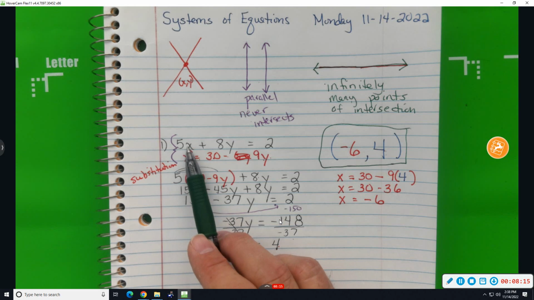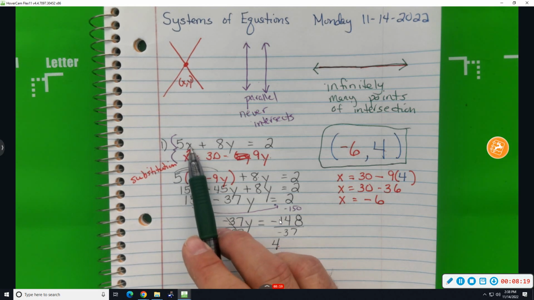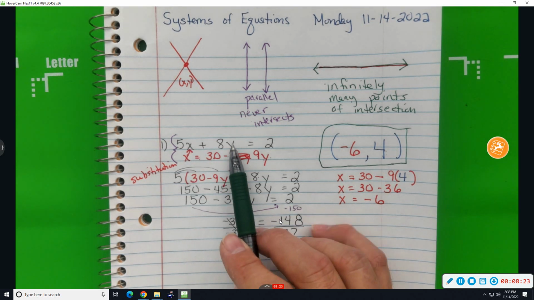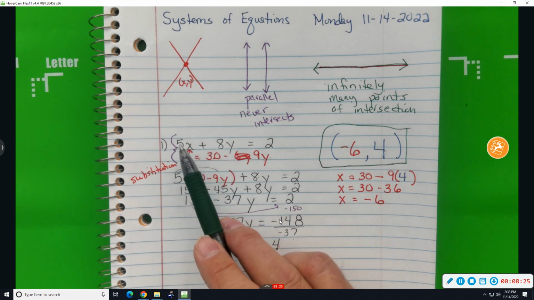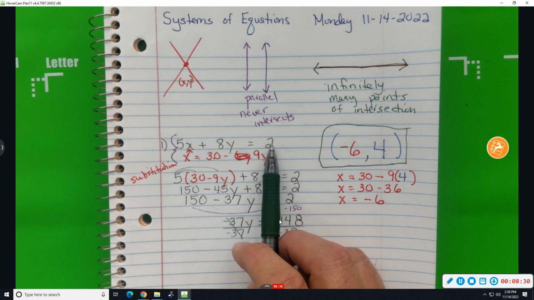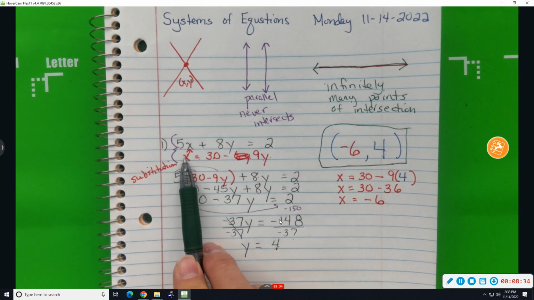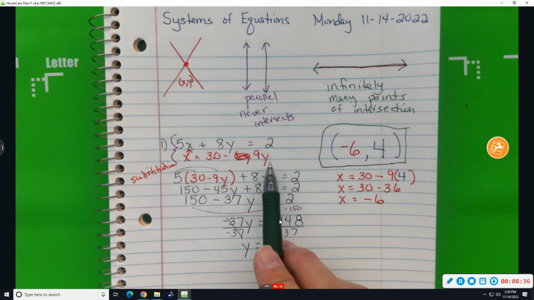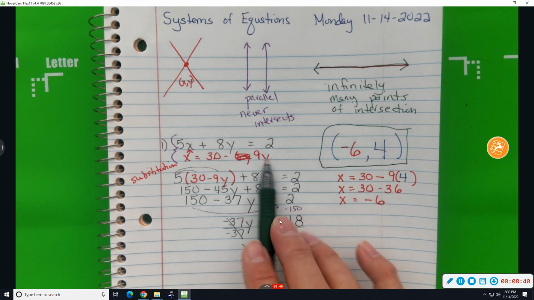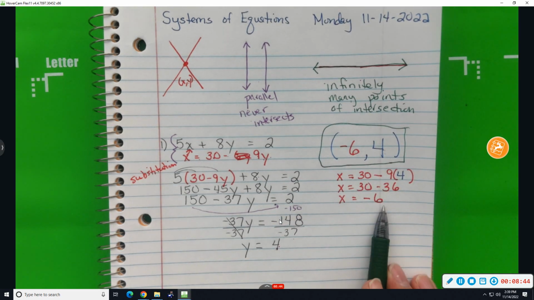Let's see, 5 times negative 6 is negative 30. 8 times 4 is 32. So is negative 30 plus 32, is that giving me a 2? Yeah. If I plug a negative 6 in for this x and a 4 for the y, we're definitely going to get a true statement. That's how we found that one.